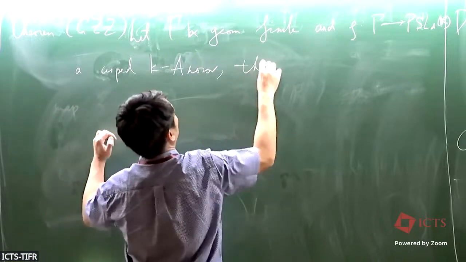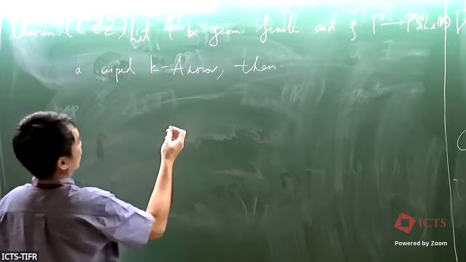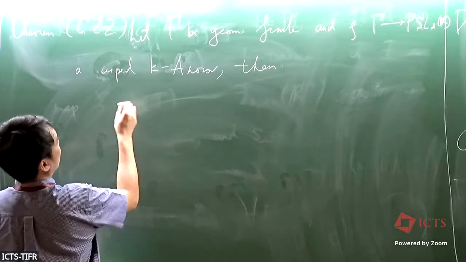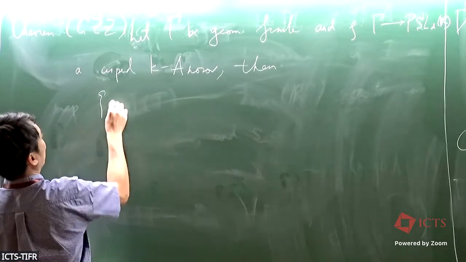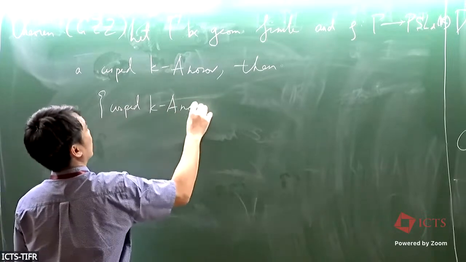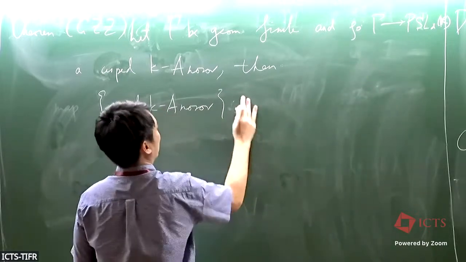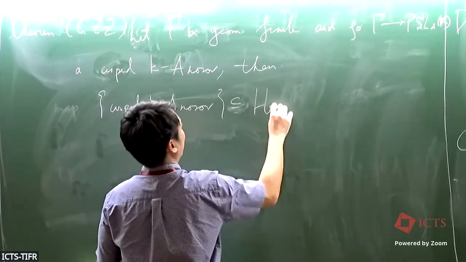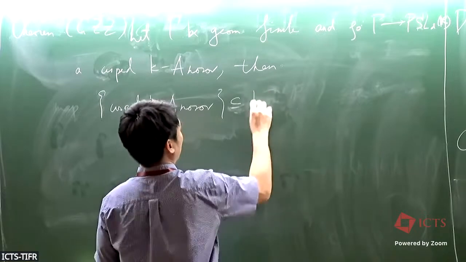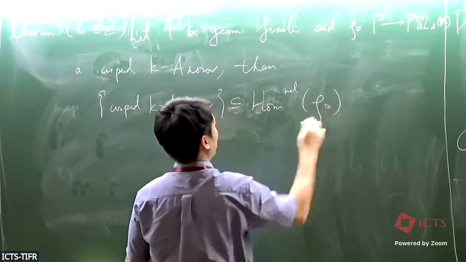Then the set of cast K Anosov representations inside of the space Hom, Rel, rho naught, I'll write this, is open.